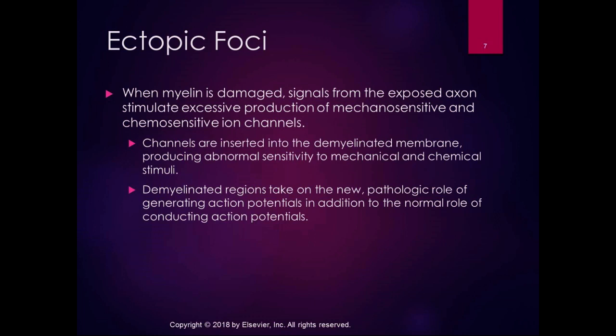The channels are inserted into the demyelinated membrane, producing abnormal sensitivity to mechanical and chemical stimuli. So the demyelinated regions take on a new pathological role of generating action potentials, in addition to the normal role of conducting action potentials. Now our nerves are hypersensitive because we have these new locations with newly sensitive ion channels that are potentially generating action potentials.